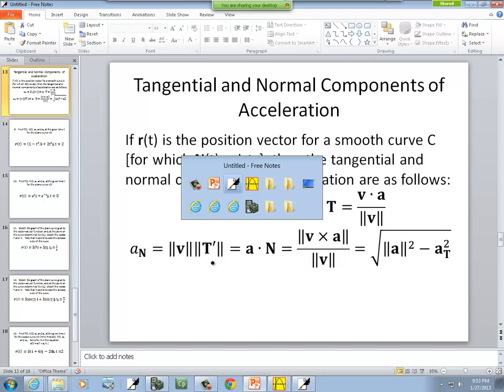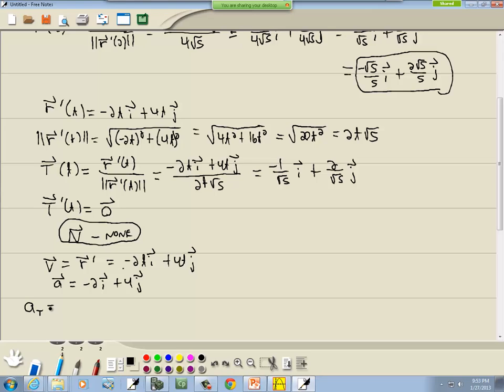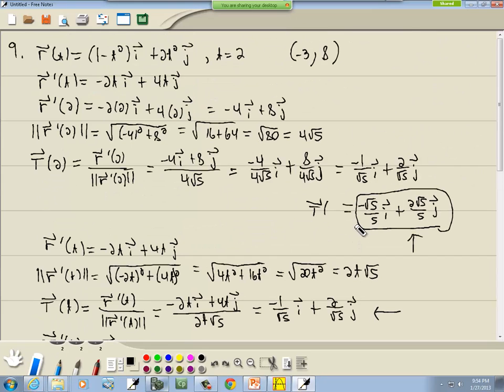So then from our formula, acceleration for the tangent is equal to the dot product of these. And I didn't have to plug in our t value here because there were no t values. So we got this one here and t up here. And I could choose this one, actually let me choose this one because that's t also. Not that though. What value did I plug in? 2.